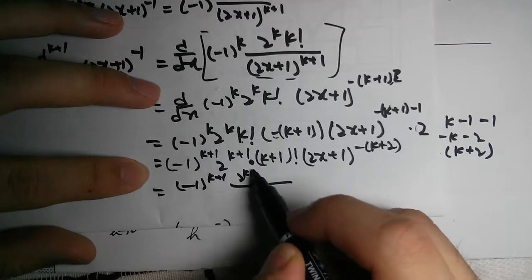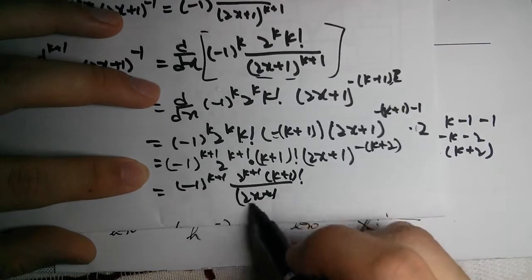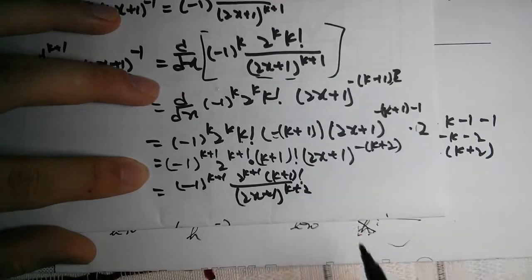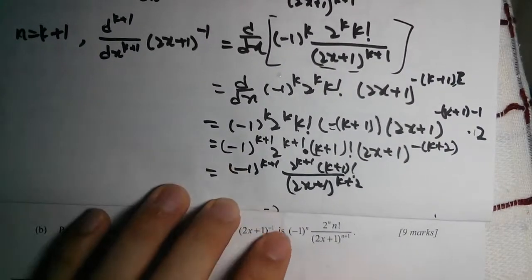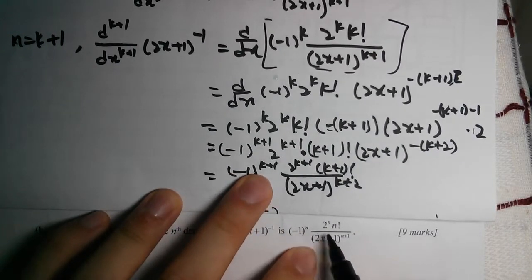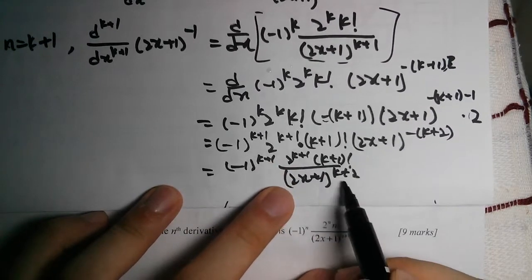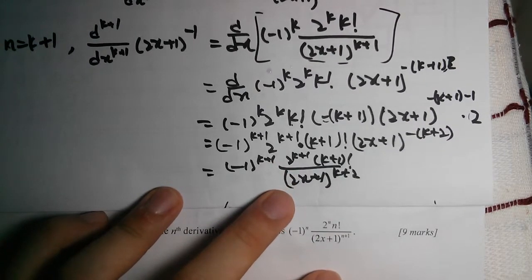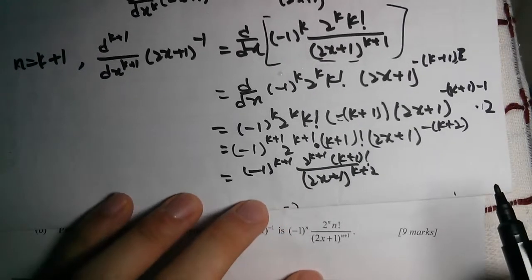Negative power means we can put that into the denominator, 2x plus 1 to the power of k plus 2. Does this agree with our formula? Negative 1 to the power of k plus 1, good. 2 to the power of k plus 1, factorial, 2x plus 1 to the power of k plus 1 plus 1. Of course, k plus 1 plus 1 is k plus 2. Done!